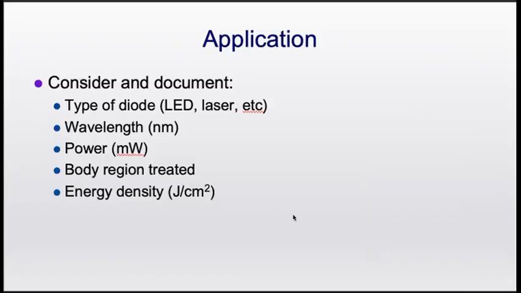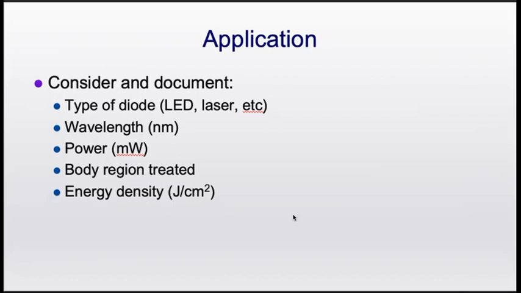When you are documenting your laser application, it's very important to put what type of diode you used. If you used laser, if you used LED, if you used a combination of the two. You should also document what wavelength, what the power was, what was the body region, and often how many times.